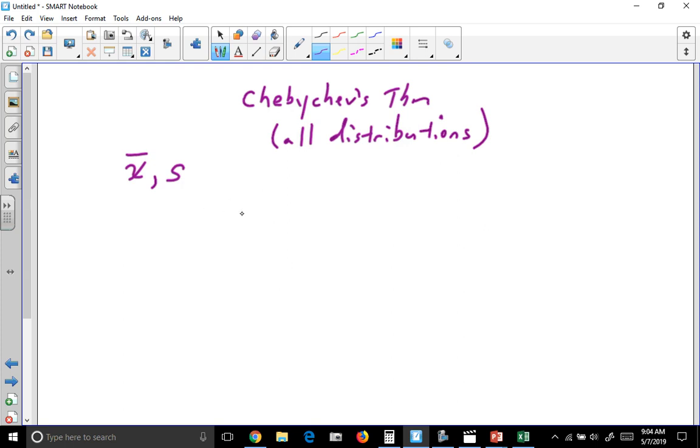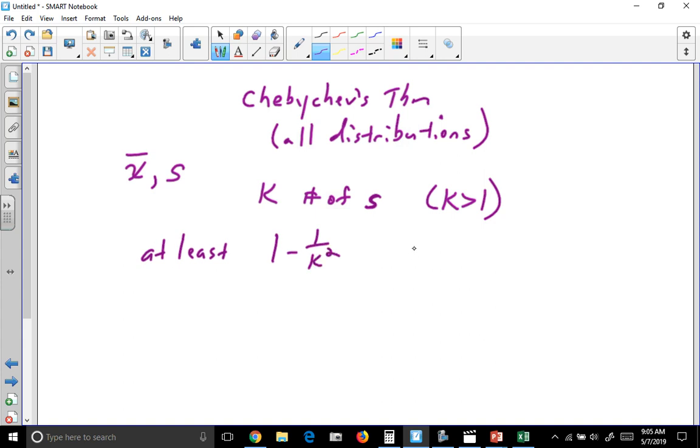So Chebyshev's theorem says that if K stands for the number of standard deviations, and the formula only works if K is bigger than 1, then for any value of K, we will always have at least 1 minus 1 over K squared.